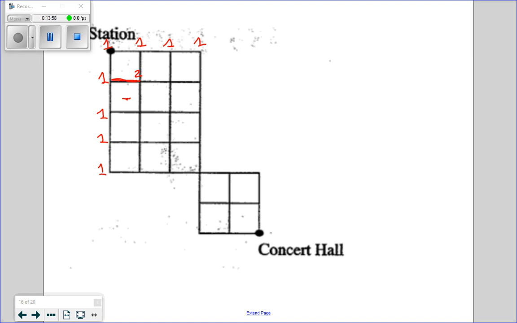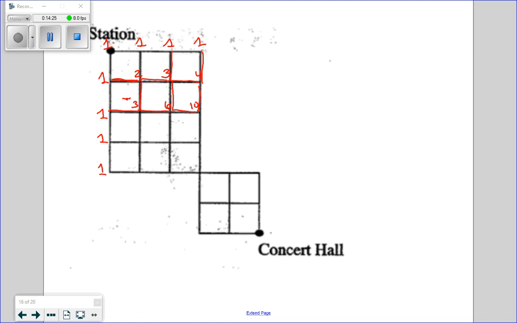Now, it doesn't matter how you proceed. Some kids like to go horizontally. Some kids like to go vertically. If I go horizontally, 1 plus 2 is 3. 1 plus 3 is 4. This one, 1 plus 2 is 3. 3 plus 3 is 6. 6 plus 4 is 10.